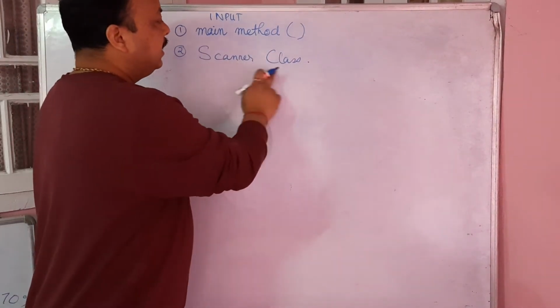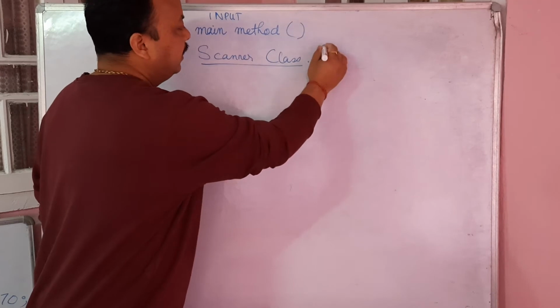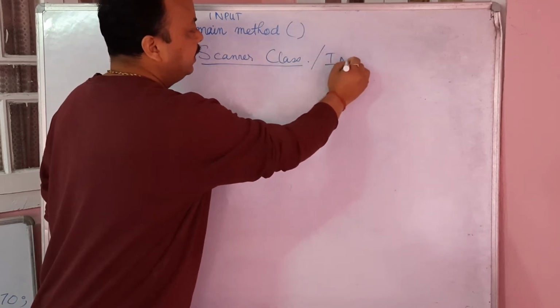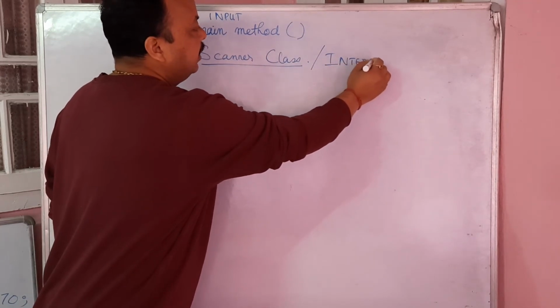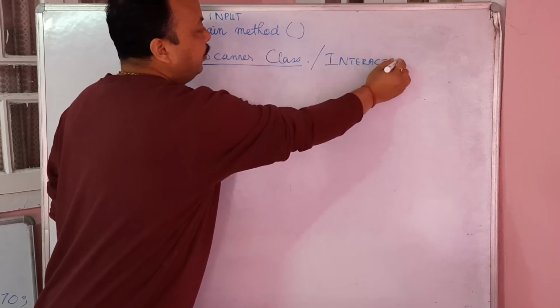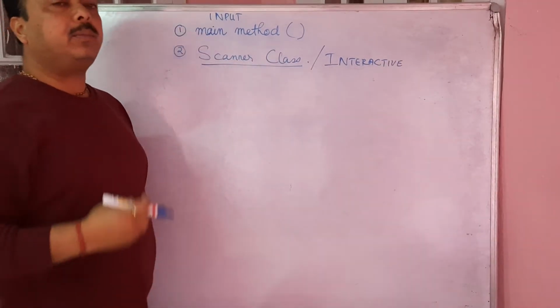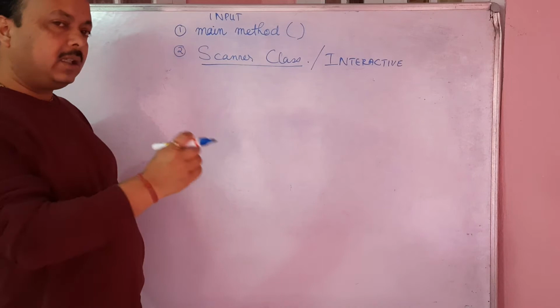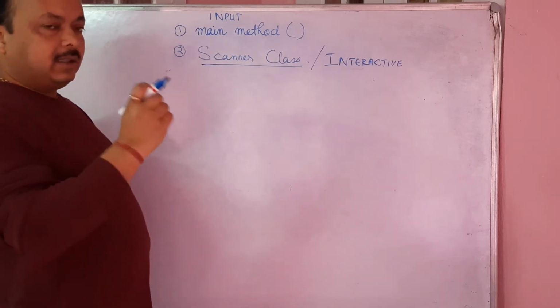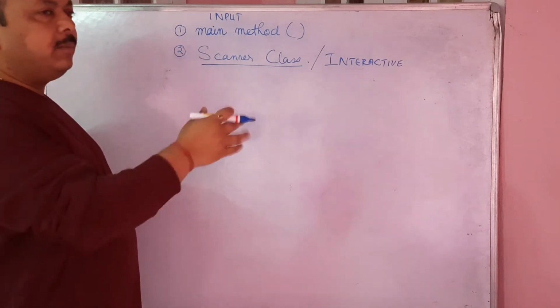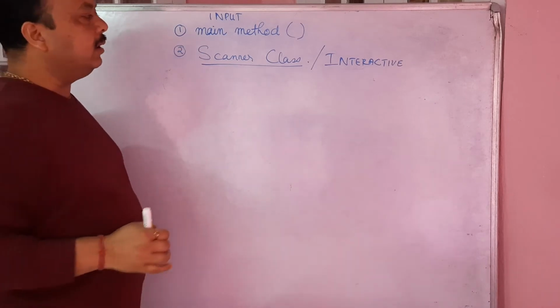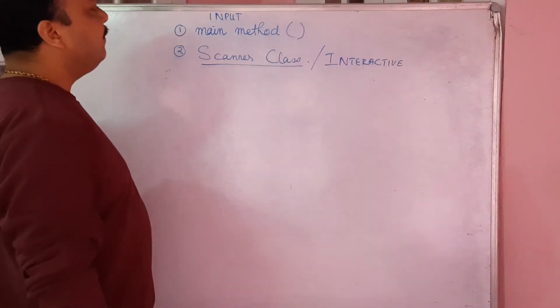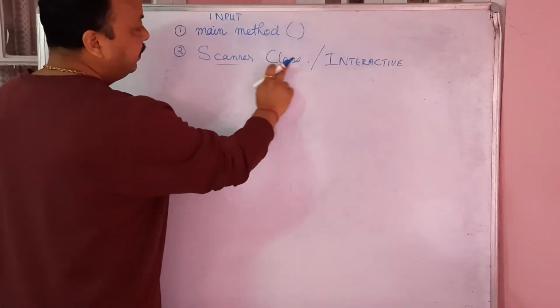This scanner class is used for, remember, interactive. Interactive means you get a prompt on the screen where you are asked that, okay, enter your name, and then you type from the keyboard your name. That is the purpose of scanner class.